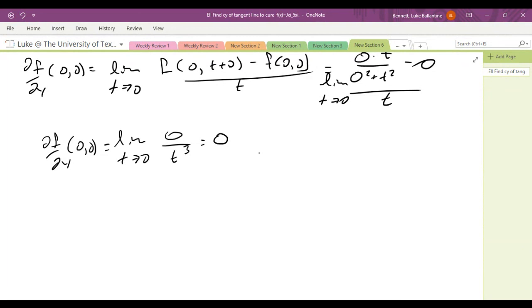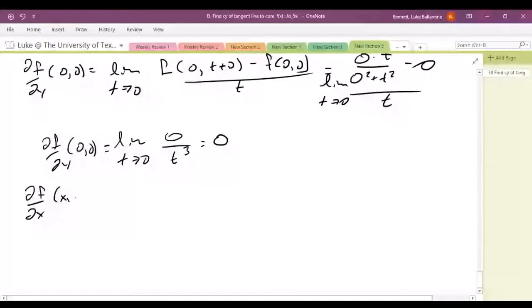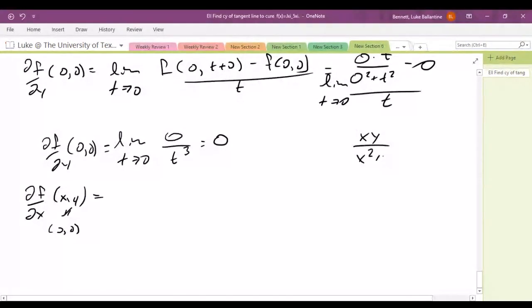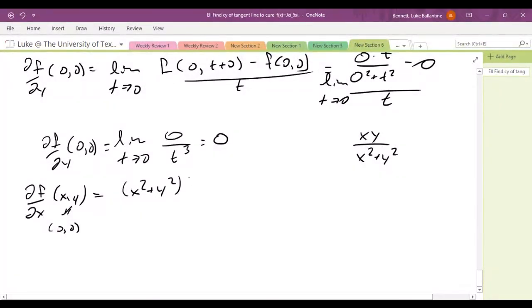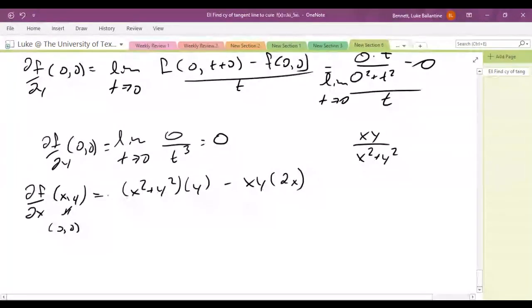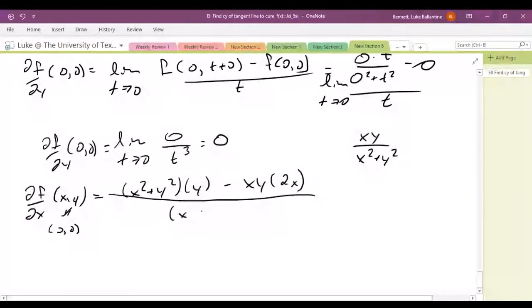But let's go ahead and calculate f sub x for xy not equal to 0. What do we need? We need the quotient rule, xy over x squared plus y squared. So we get low d high, derivative of the high with respect to x is just y, minus high d low over the square of what's below.